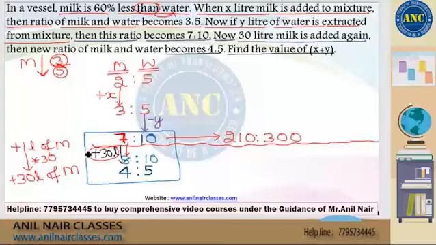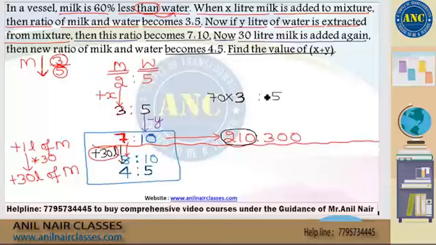Now go a little upward. The ratio is 3:5. Now I am removing some water from the vessel. I am removing water means milk will not change. Here the milk is 210. Here also it should be 210. 3 should become 210.